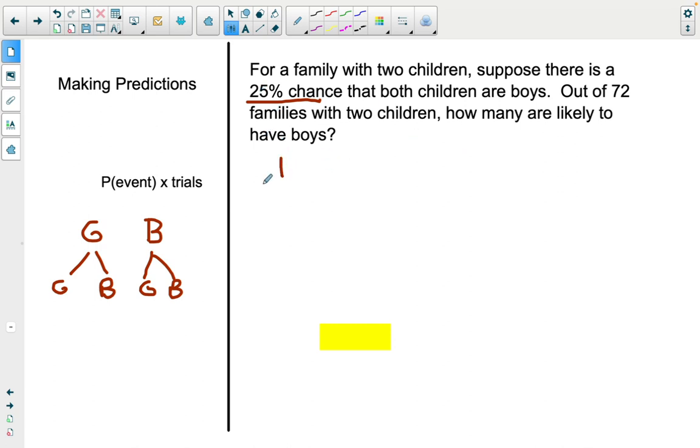So if we have a 1 out of 4 chance of having 2 boys, what is the likelihood of having 2 boys if you select 72 families with 2 children? It's important that it's 2 children. Otherwise, this whole thing wouldn't work.